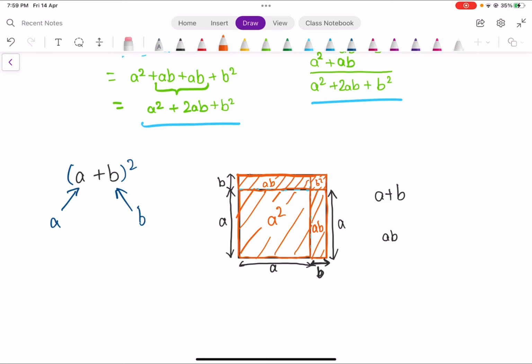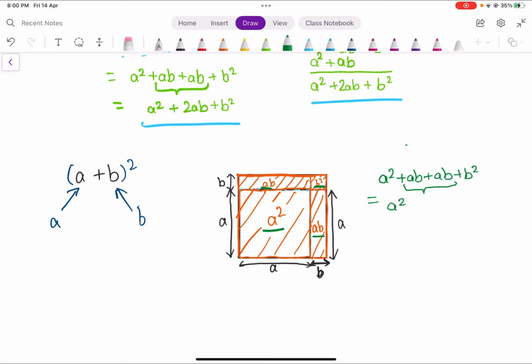So if we wanted to find the area of the whole thing, we can just add up the area of these 4 pieces, which is a squared, b squared, ab, and again ab. So let's go ahead and do that. a squared plus ab, again plus b squared, gives us, well, ab plus ab is 2ab.